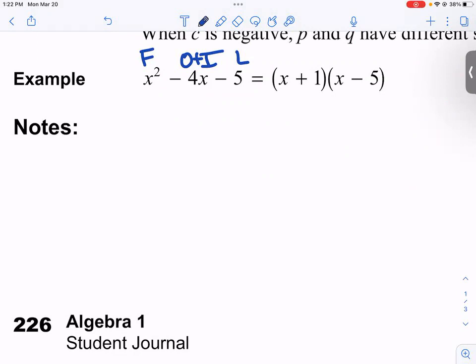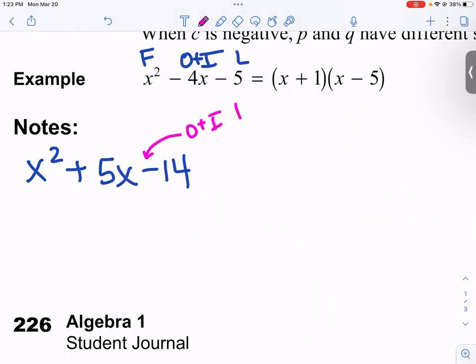So let's think about this one. X squared plus 5x minus 14. Notice how this guy's negative. So O and I will have different signs.